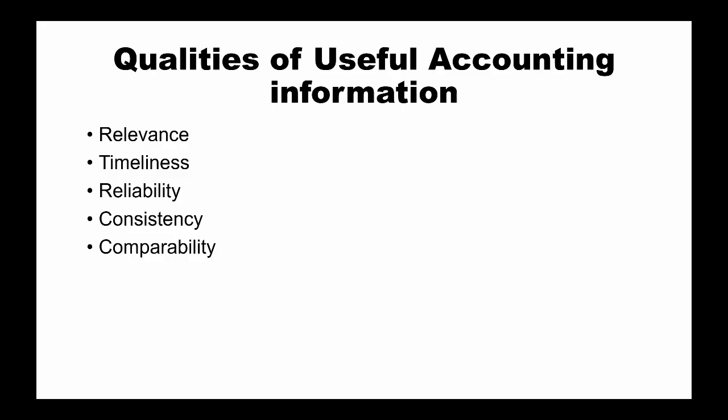Thus, it has to be recorded consistently, meaning the same accounting treatment for a given type of accounting data. Then it has to be comparable. Absent consistency, if you cannot compare accounting information from one period of time to another, then you cannot derive useful information in order to make operational decisions.